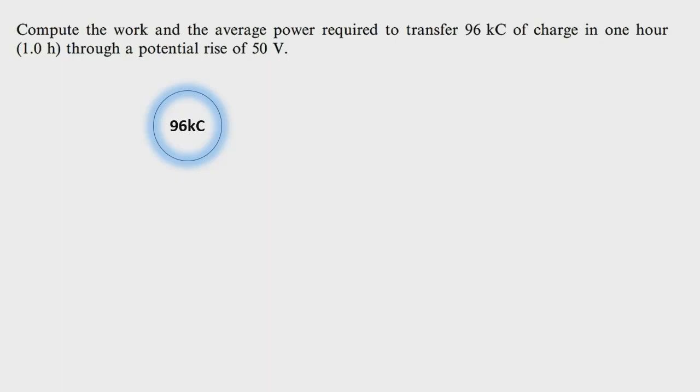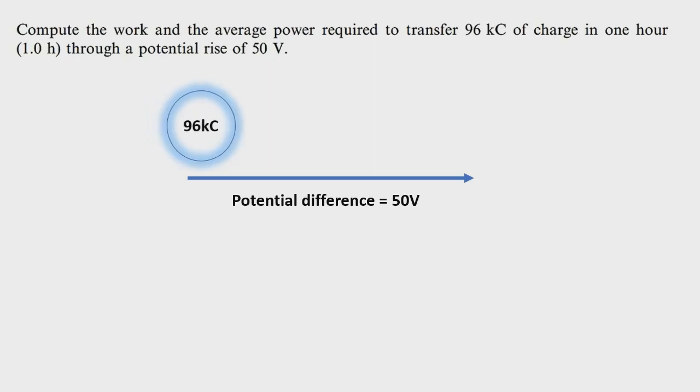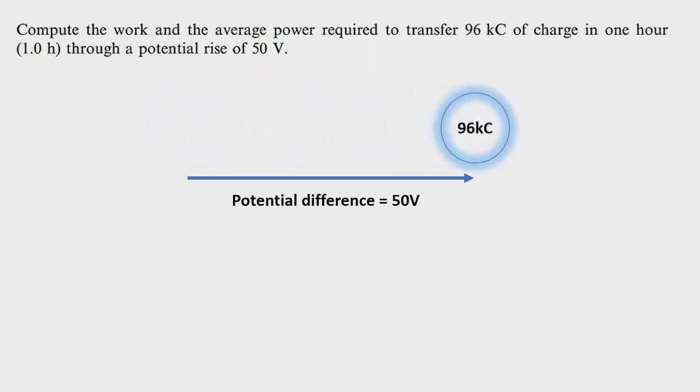In other words, if we have a charge that is 96 kilocoulombs or 96,000 coulombs, we energize that charge and transfer it from one point to another in the potential difference of 50 volts within 1 hour. What will be the work and what will be its power?